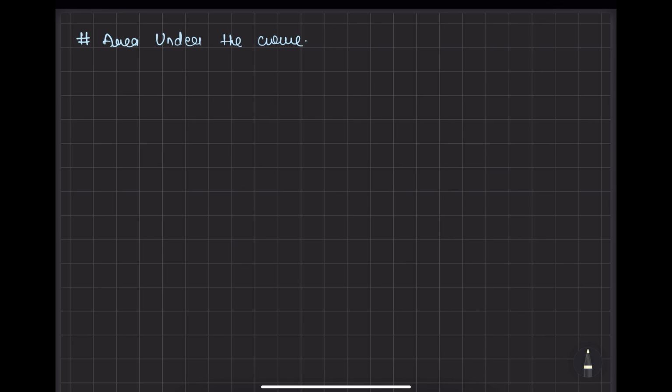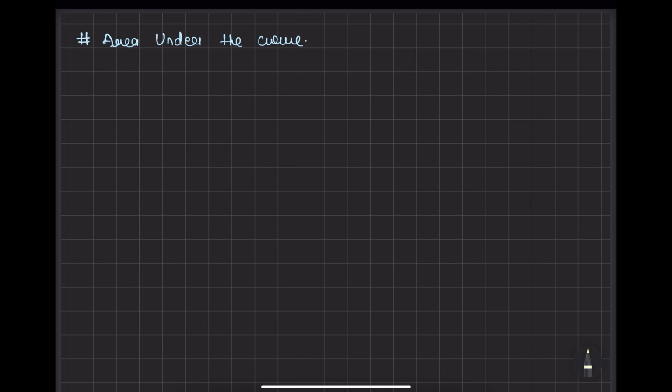The second prerequisite is that you should have a good, or at least okay, understanding of integration and definite integration, so that you can handle these situations. Now, what is area under the curve?